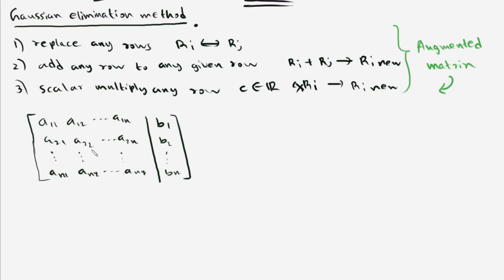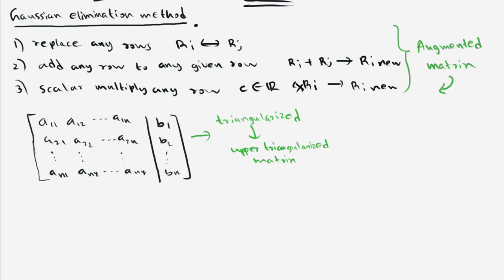So in the Gaussian elimination method, we triangularize this augmented matrix, as an upper triangularized matrix.